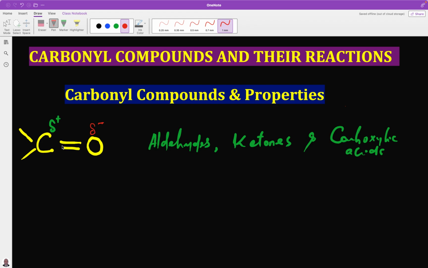It should be recalled that the carbonyl functional group is found in compounds such as aldehydes. It is also found in compounds such as ketones and carboxylic acids.